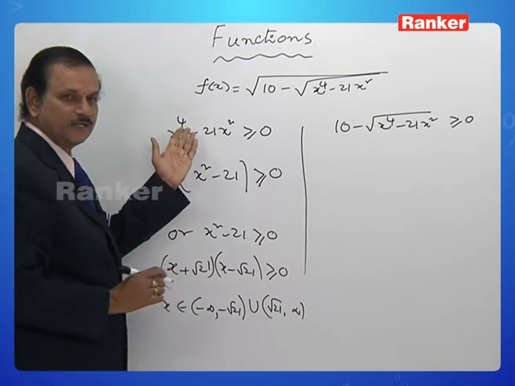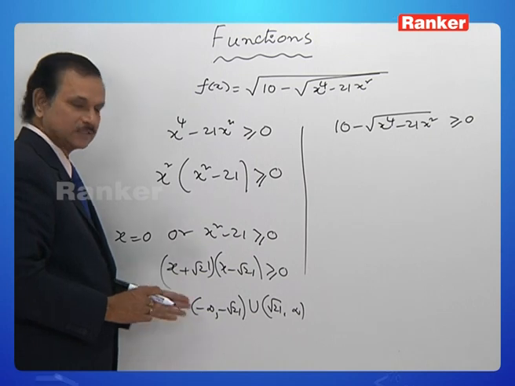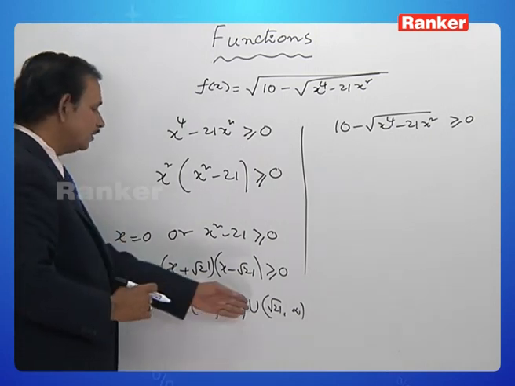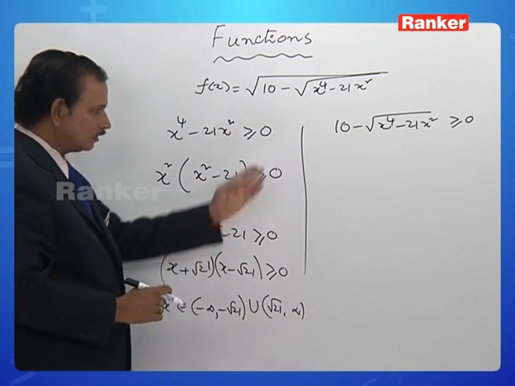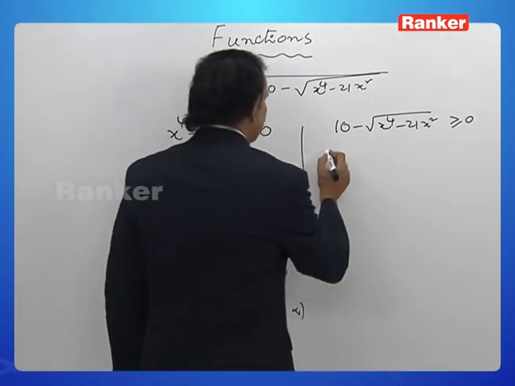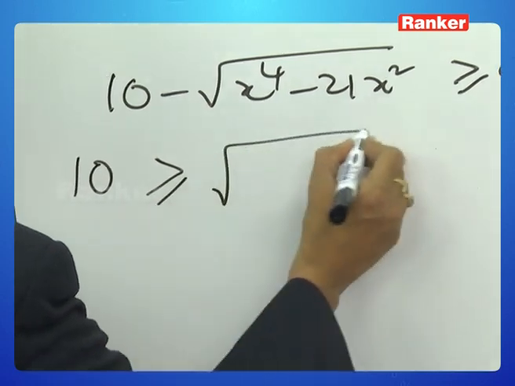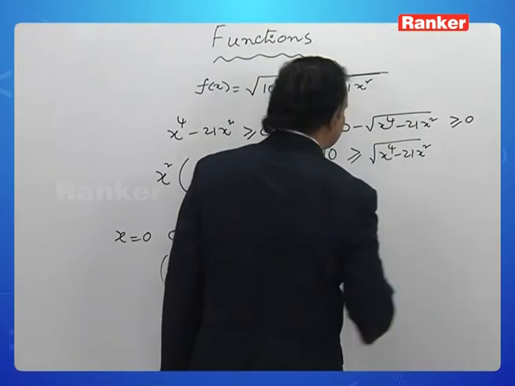In this inequality, we are able to observe two things about x. One thing, x may be 0. Another thing, x may be in this interval. Well, let us now concentrate on that particular condition. What is going to happen? Look here, 10 greater than or equal to root of x power 4 minus 21 x square.